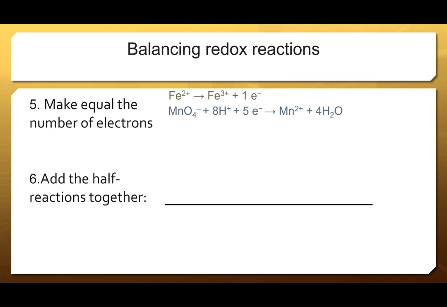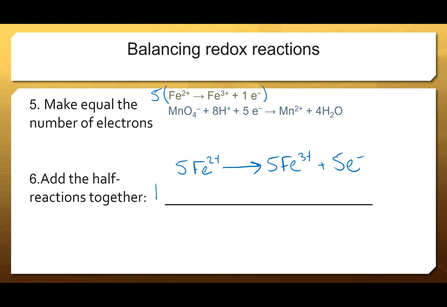So in order for these two to transfer the same number of electrons, we're going to have to multiply the first reaction by 5. Okay, so we need iron to give up 5 electrons so that manganese can take on those 5 electrons. So we're going to have 5 Fe2+, 5 Fe3+, and 5 electrons.